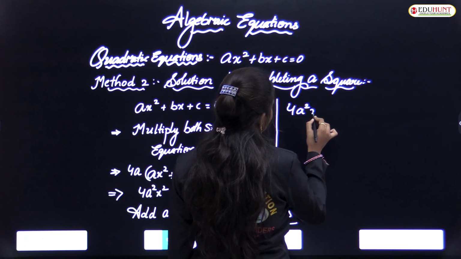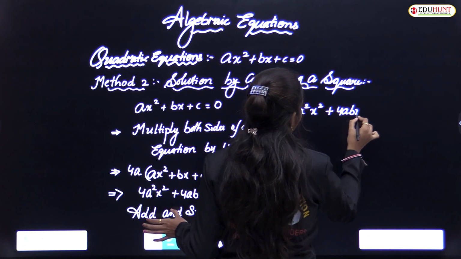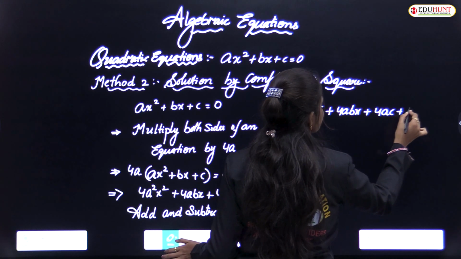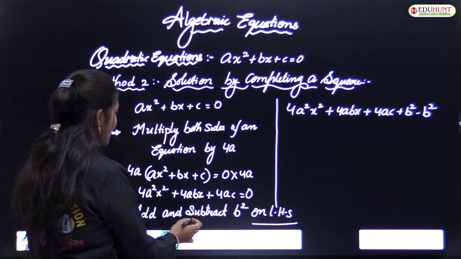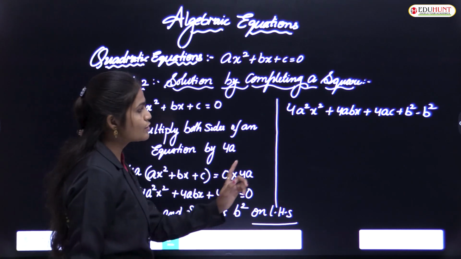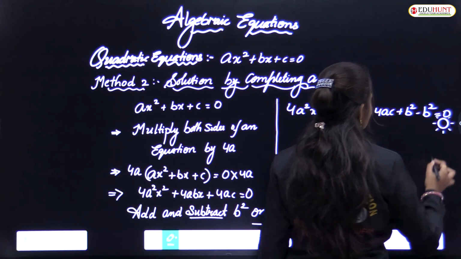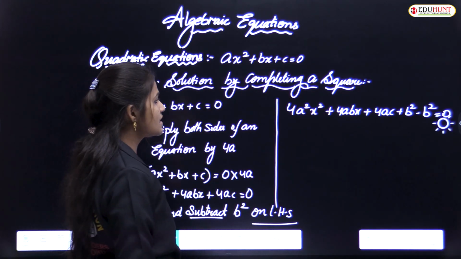So 4a square x square plus 4abx plus 4ac plus b square minus b square. We have to add plus b square and subtract b square, no? So that is plus b square minus b square, which is equal to 0. So here we got it like this, which is equal to 0.